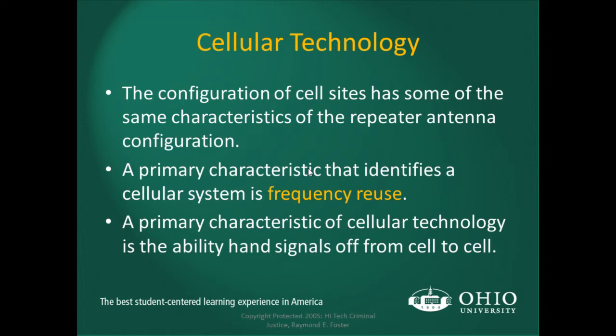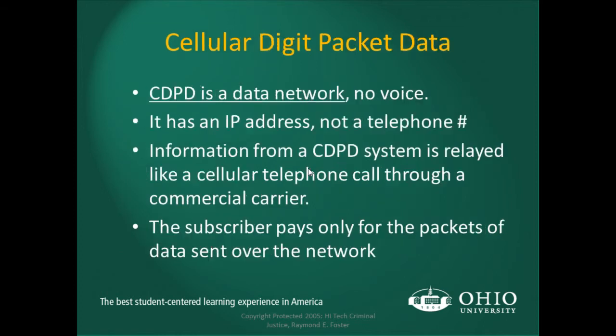So frequencies can be reused quite rapidly, quite frequently, and that's a big thing with cellular technology. And the other big characteristic about cellular technology is the ability to hand off cellular calls from one cell to the other. So if you're driving down the road, you're not staying on the same cell tower the whole conversation. You'll switch, and cellular technology has the ability to hand off those calls, and most of the time very seamlessly.